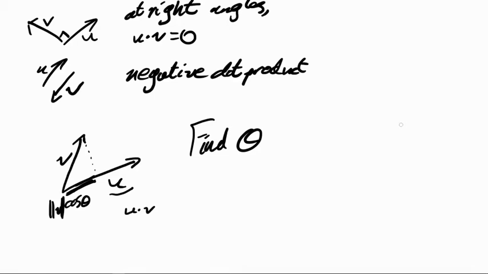If we don't, then we have to divide by their sizes to get the right angle. And that's one of the reasons we like to use normal vectors. And we will be using the dot product a lot. It's very, very useful for a lot of things.